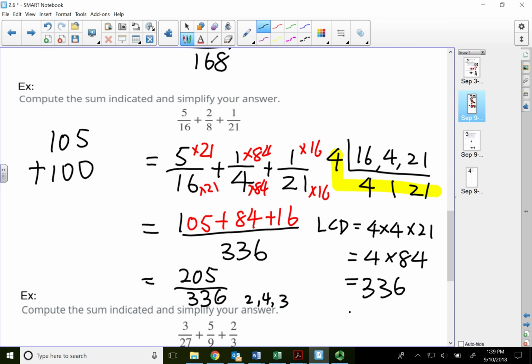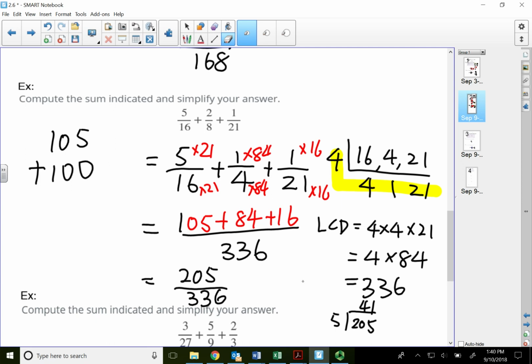So think about this. If I say 205 divided by 5, that's 41 times. 41 is a prime number. So none of my prime numbers up top can be reduced with my prime numbers out of 336. So 205 over 336 got to be my answer then.